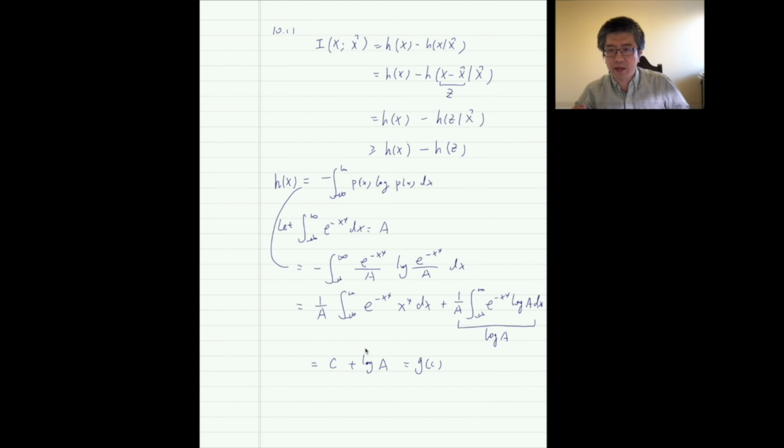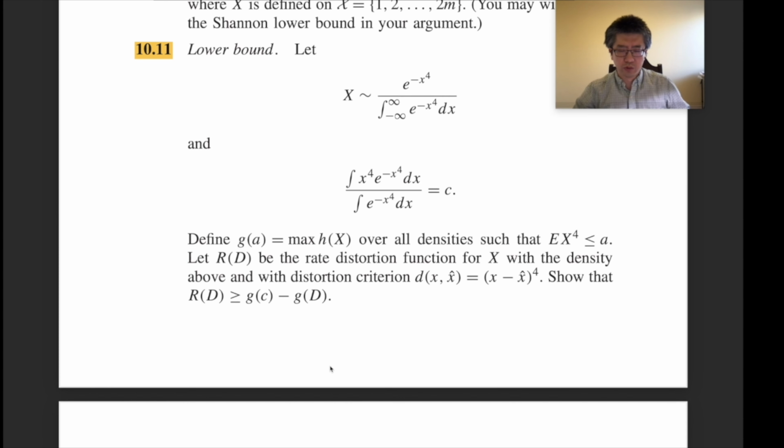If it's g(a), then this term will be a. So now we compute what h(x) is, which is g(c), and if you see our goal here, this is achieved. Another term here is g(d).